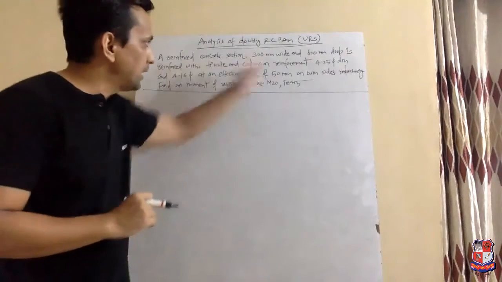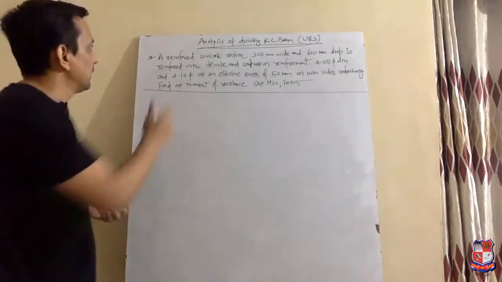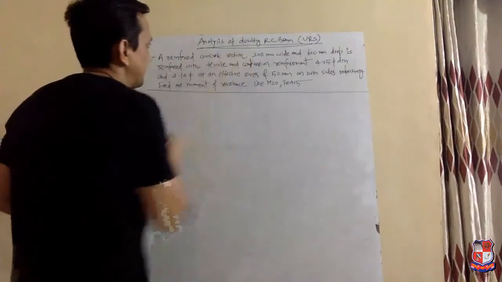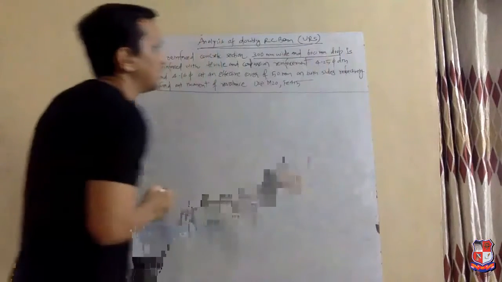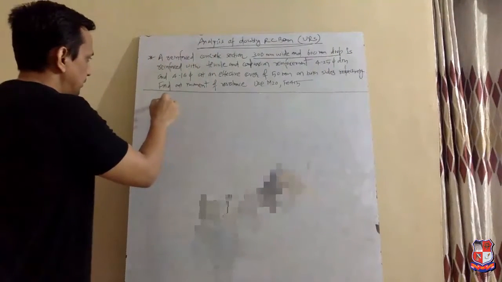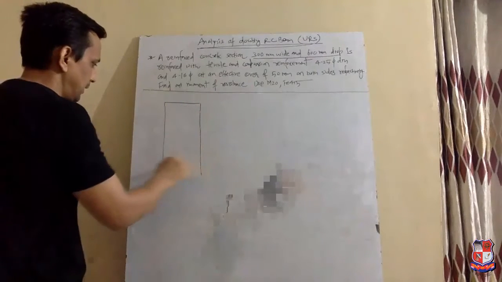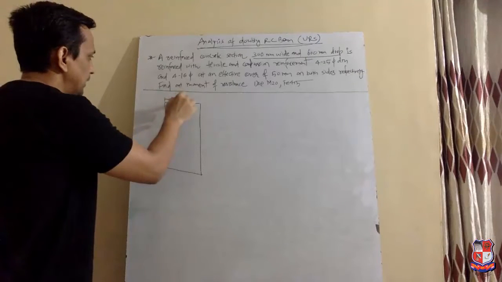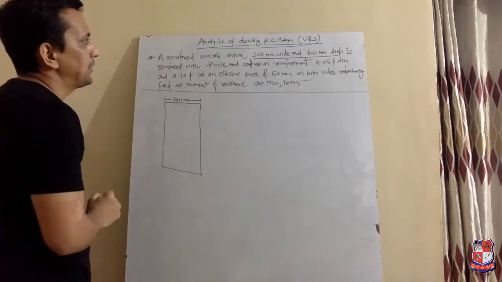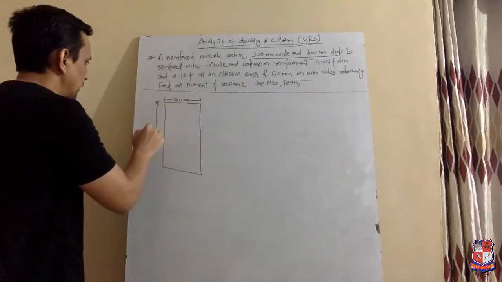I have written one example here. Let's first read. A reinforced concrete section 300 mm wide and 600 mm deep. Let me draw the cross section, 600 mm and 300 mm. Width of the beam is 300 mm and overall depth is 600 mm.